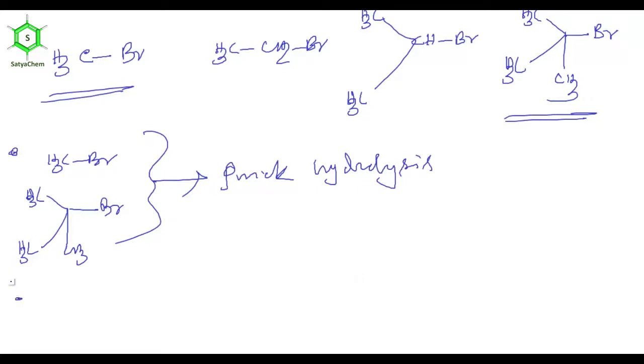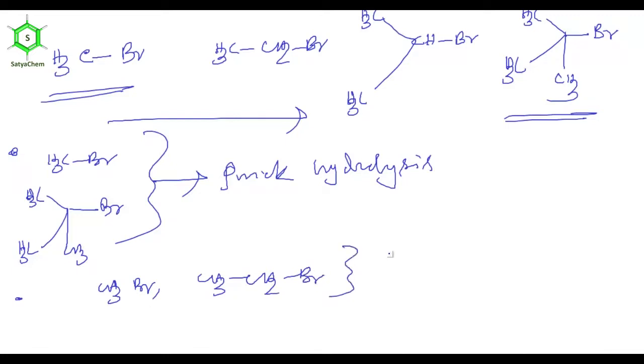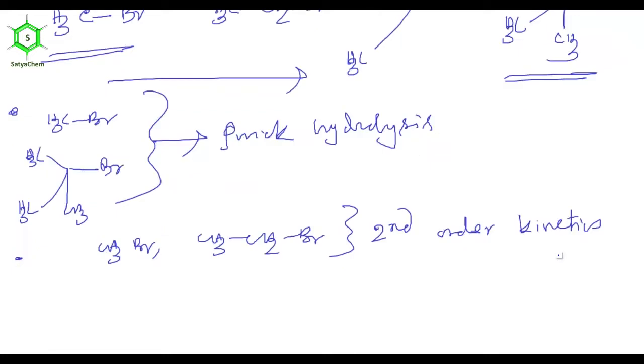And there is a changeover in the order of the reaction on moving left to right. CH3Br and CH3CH2Br follow second order kinetics, which means they follow the SN2 reaction.